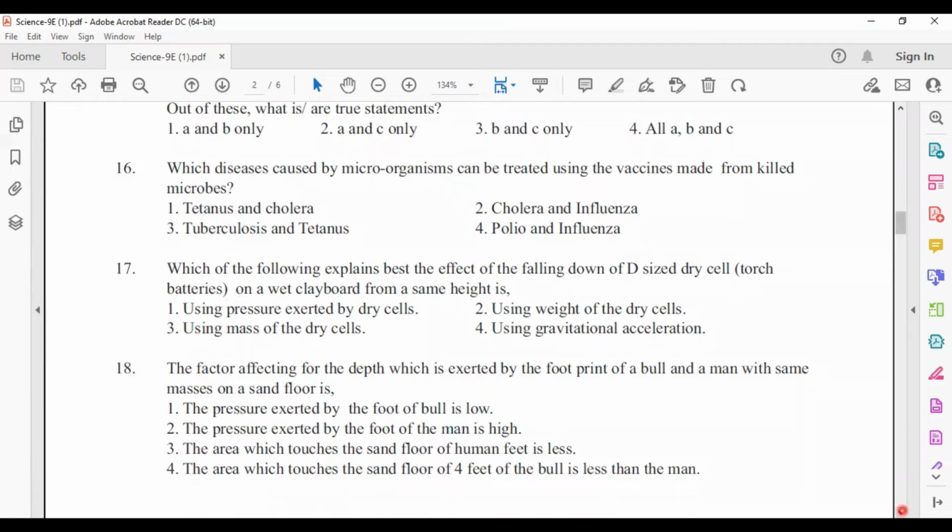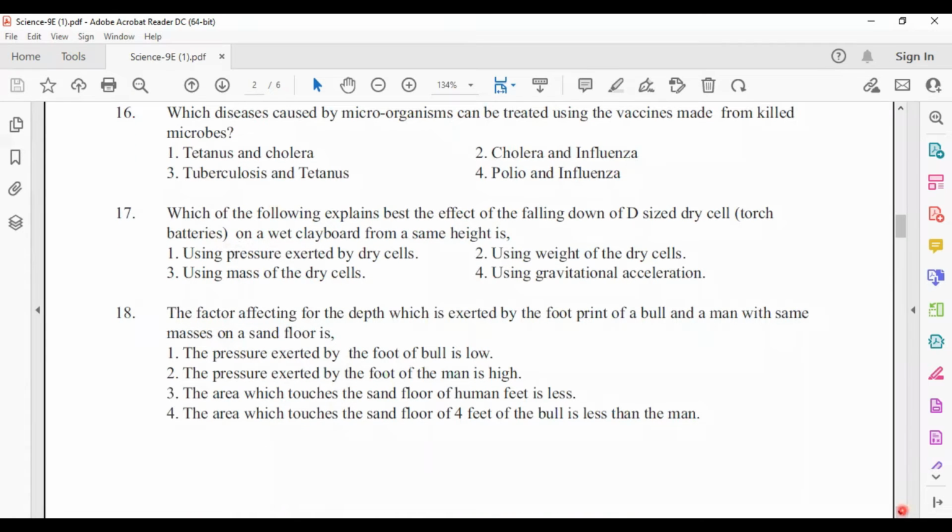17. Which of the following best explains the effect of dropping different sized dry cells on a wet clay board from the same height? You can see these different sized cells go inside the clay board to different depths.